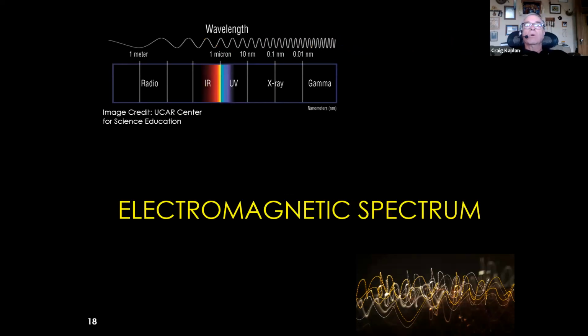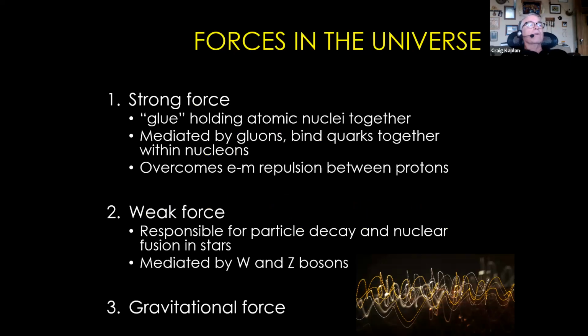So we're going to go on to the electromagnetic spectrum at this point. There are four forces in the universe that we know of right now, and this slide is the only time I'm going to really allude to any of these forces. But the strong force is the glue holding atomic nuclei together.